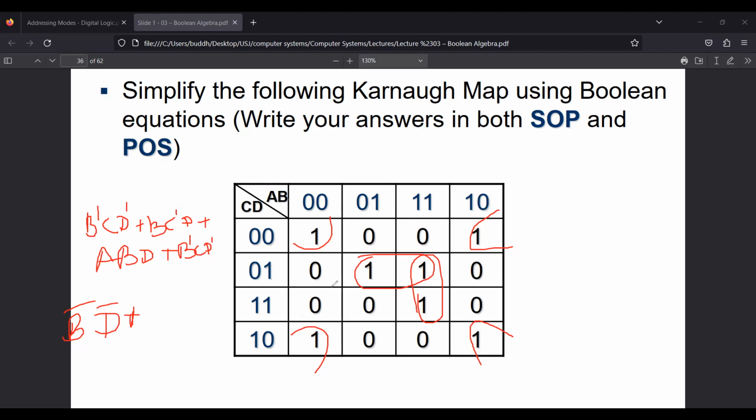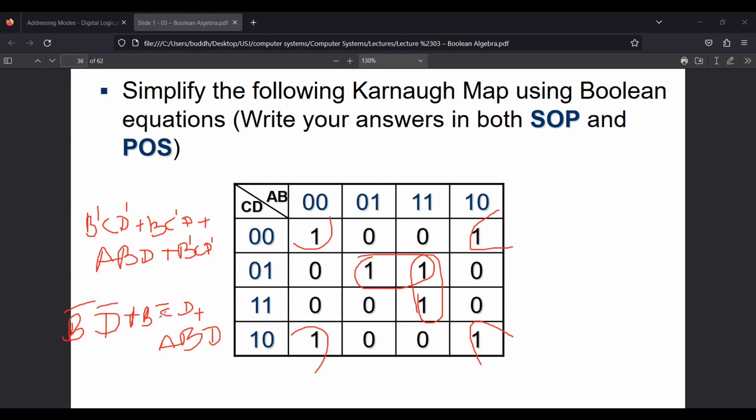From here, it's not going to change: C bar D. C bar D. From here, it is B. Here, AB and D. So I think this should be the answer.